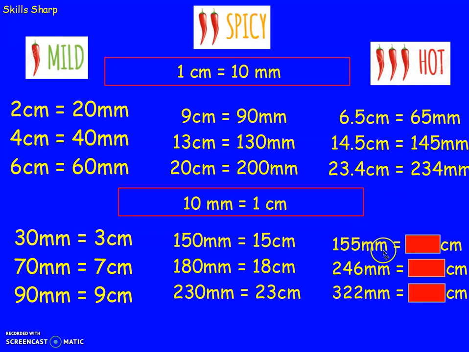So 155 millimetres would be 15.5 centimetres. 246 millimetres would be 24.6 centimetres. And 322 millimetres would be 32.2 centimetres. Well done if you managed to get those right. Give yourself a tick, and I can't wait to see your books to see who's challenged themselves today.